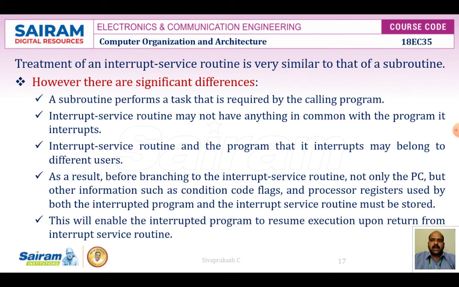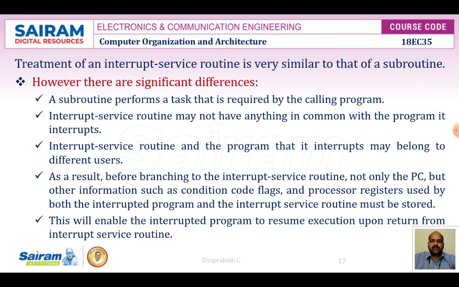Let us see how the interrupt routine is similar to a subroutine. However, there are significant differences. A subroutine performs a task that is required by a calling program. The interrupt service routine may not have anything in common with the program it interrupts. So the interrupt service routine and the program that it interrupts may belong to different users.